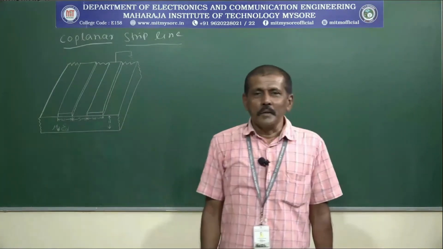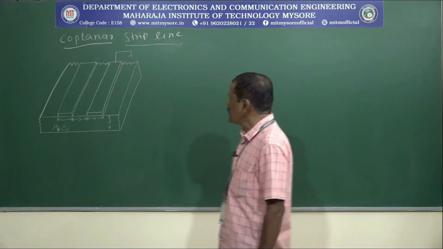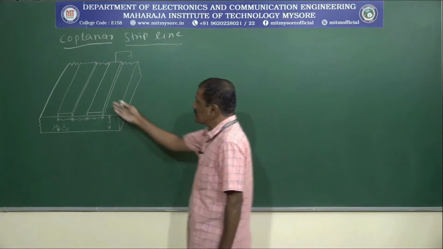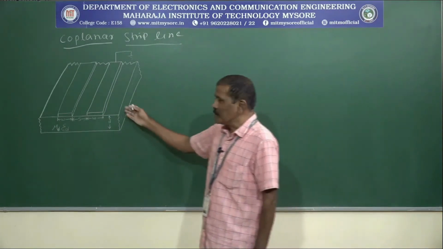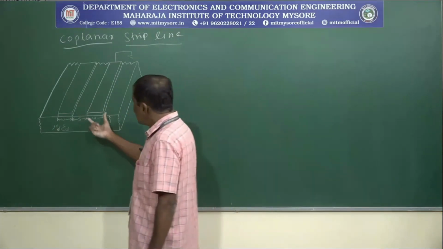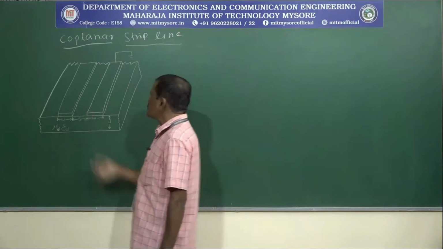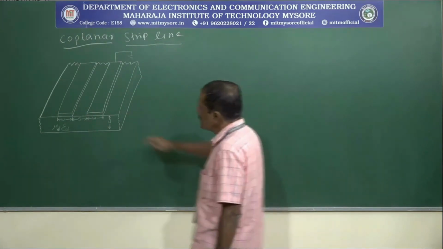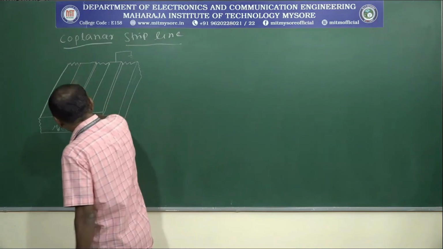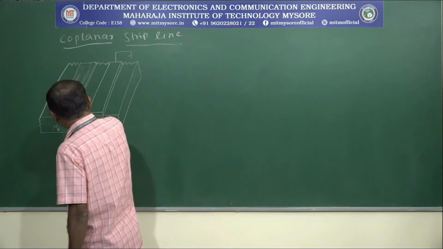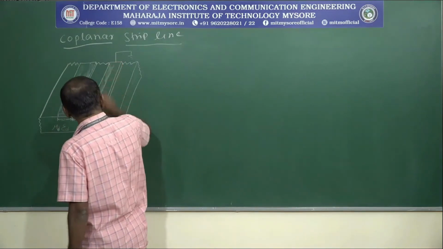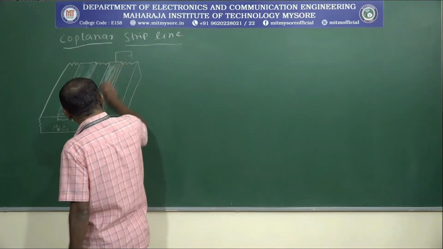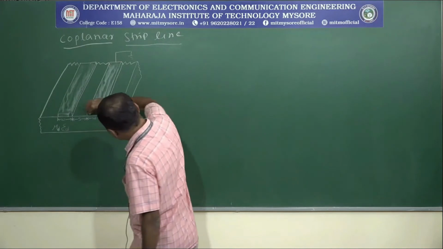Now we will study coplanar strip line. So the construction details of this coplanar strip line are shown in these figures. Here we have two conducting planes. This is one conducting plane, and this is another conducting plane.